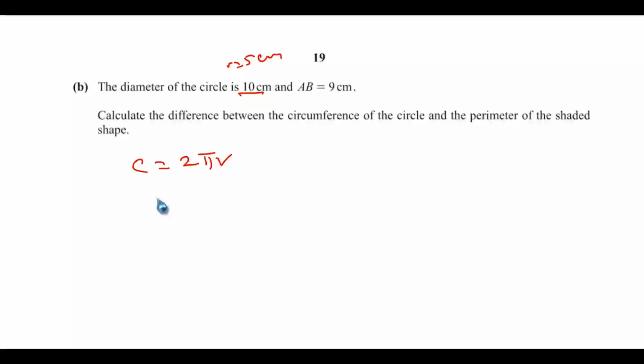The circumference will therefore be 2 times 3.14 times 5, which gives 31.4 centimeters.